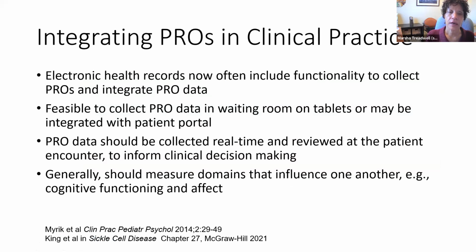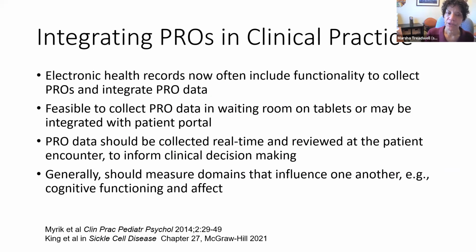Electronic health records do now often include the functionality to collect patient-reported outcomes and integrate that patient-reported outcome data into the patient's chart and into your conversation with the patient and family.